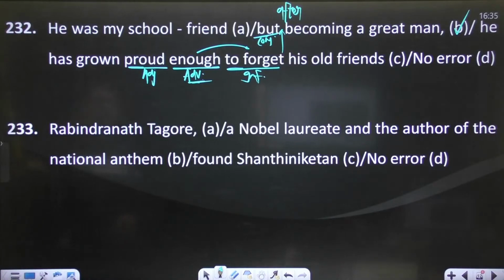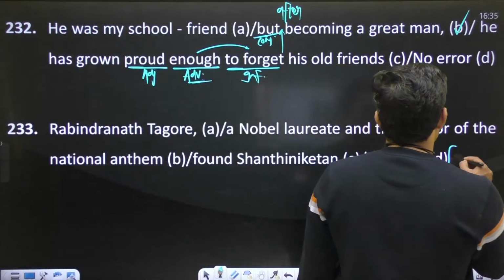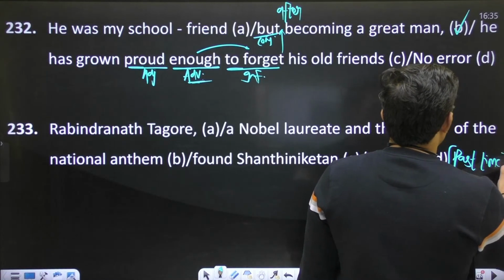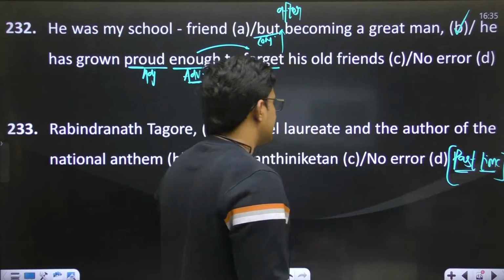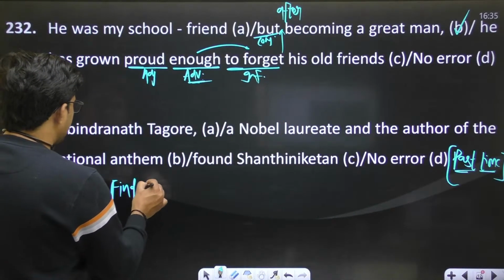Ravindranath Tagore, a Nobel laureate and author of the national anthem, found Shanti Niketan. You know, this activity denotes past time. When you talk in the past, make sure we have the verb find. Find means to get.